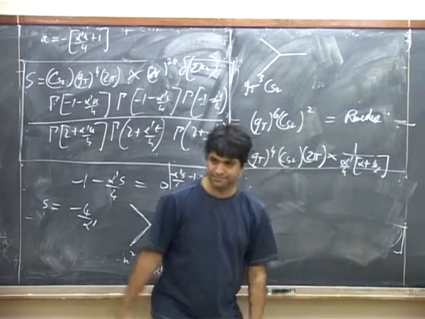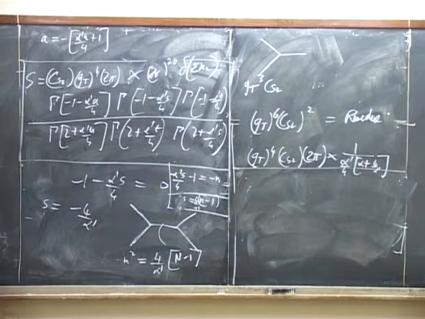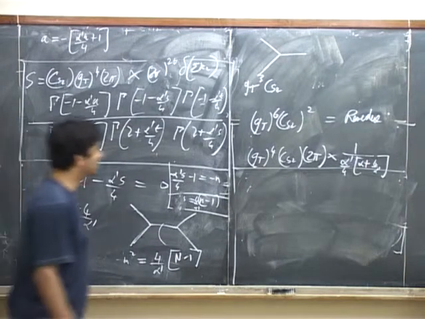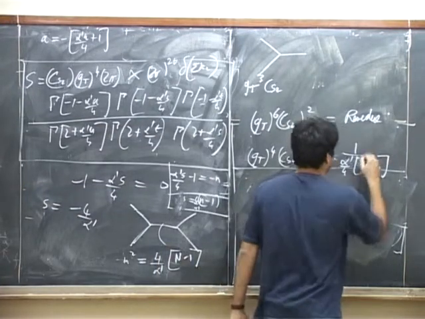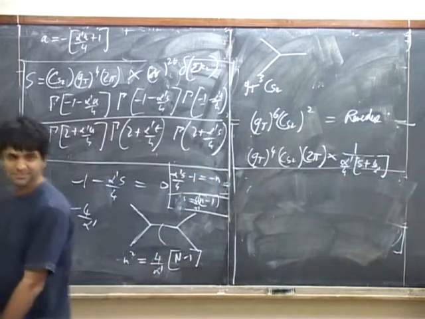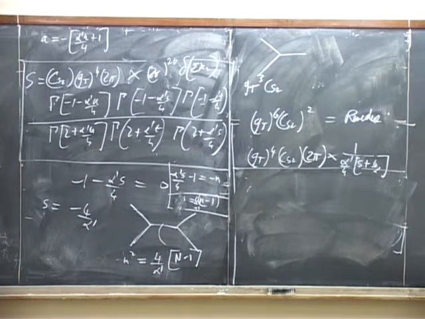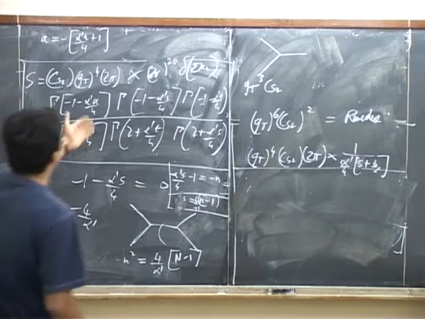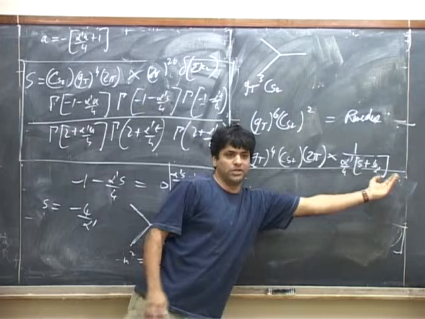I didn't define it. What's this? S. Is it clear? Okay? So in the neighborhood of this pole, this is what that function looks like.